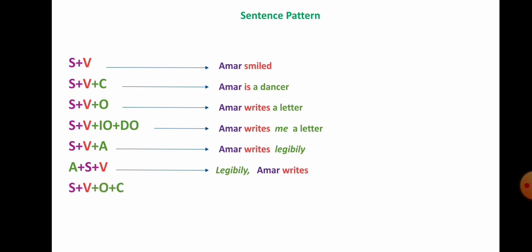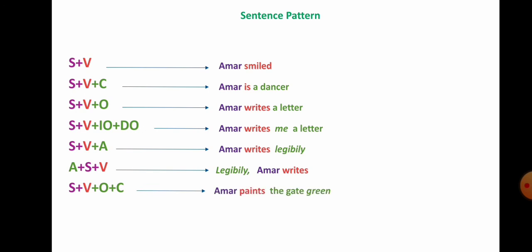The next and the final type of sentence pattern is SVOC. C is a complement. Earlier we have seen the subjective complement, but now we are going to see the objective complement, the word which complements the object. Let's see some examples. Amar paints the gate green.